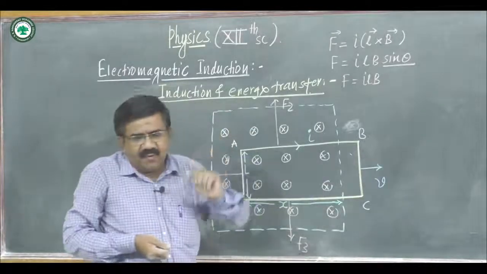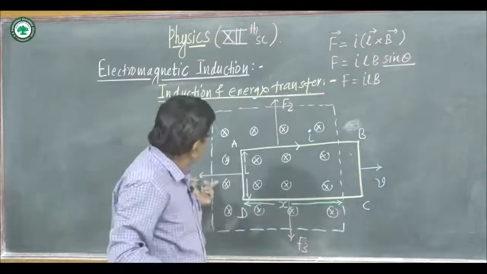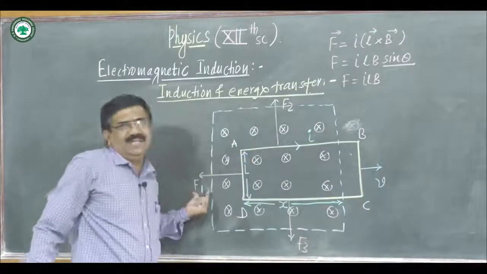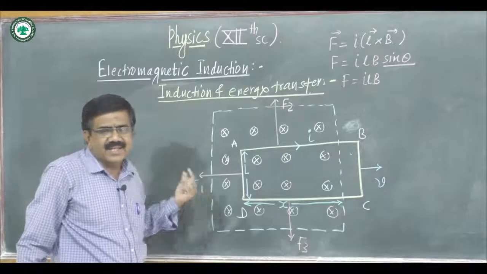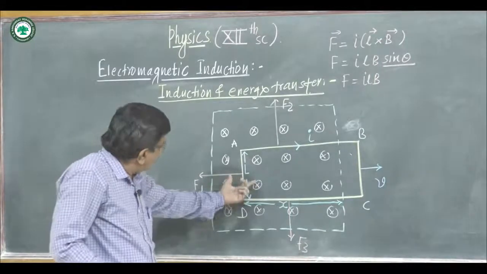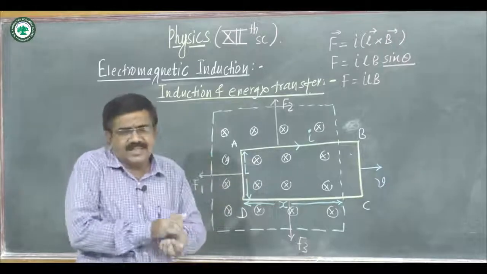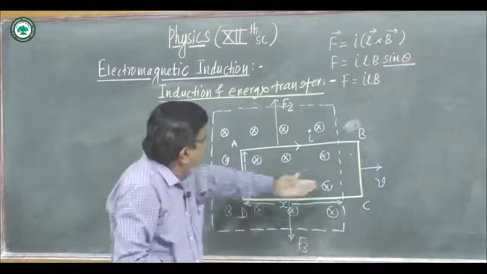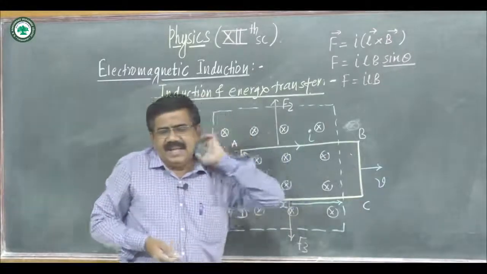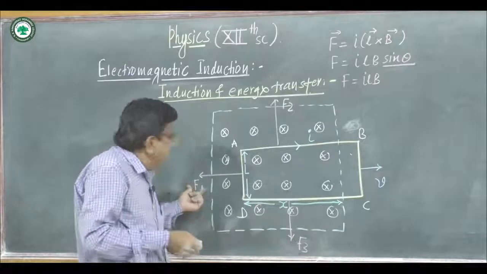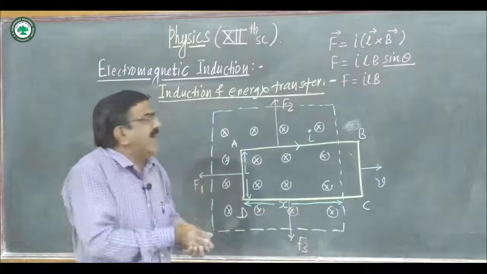It is required to apply an external force F opposite to F1 to overcome this magnetic force, and that force F which we have to apply here has equal magnitude to that of F1 but opposite direction.